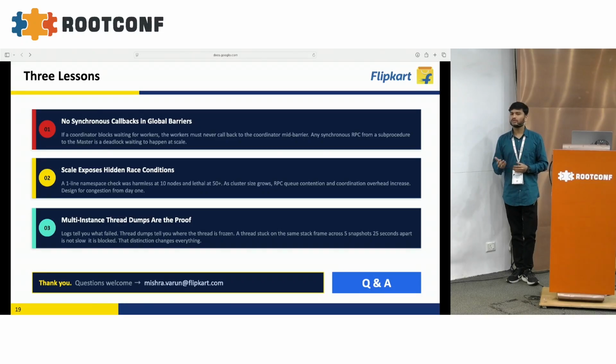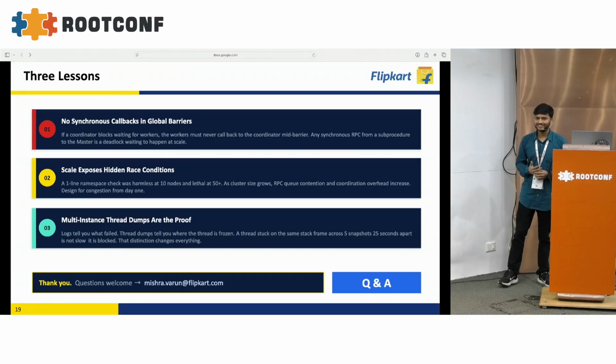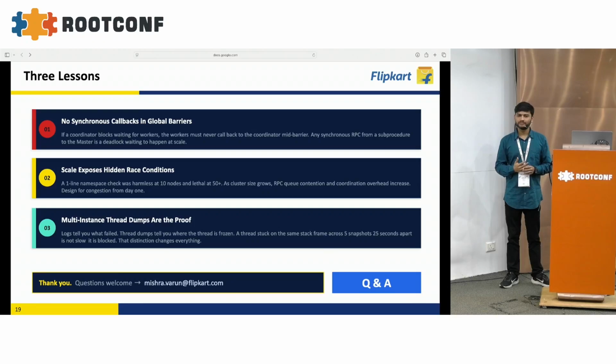Because the backup path is not specific to HBase at Flipkart. The call of the roll log to the worker nodes could be asynchronous itself, right?